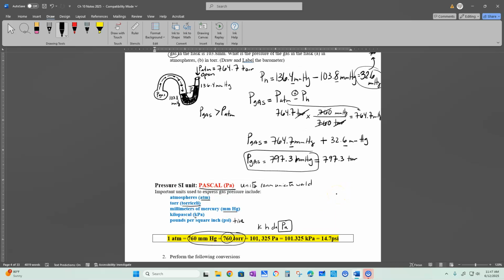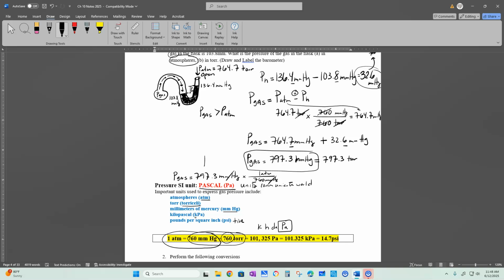Now if I want to go to ATM, because it says right there, what is it in atmosphere? So pressure of the gas is 797.3 mmHg. Well, look right there. 1 ATM is 760 mmHg. I put that on the bottom, and 1 ATM on top. Bye-bye mmHg. Okay? 760, we don't use this for sig figs because it's a constant.